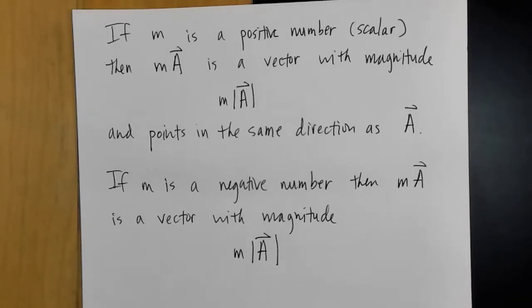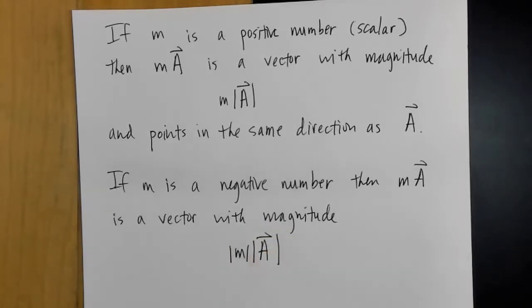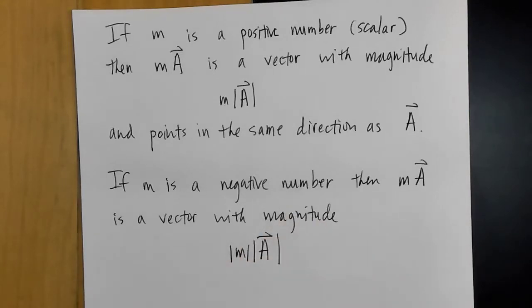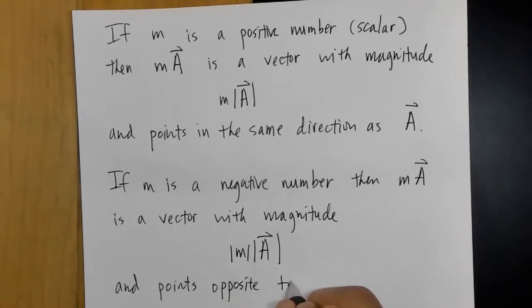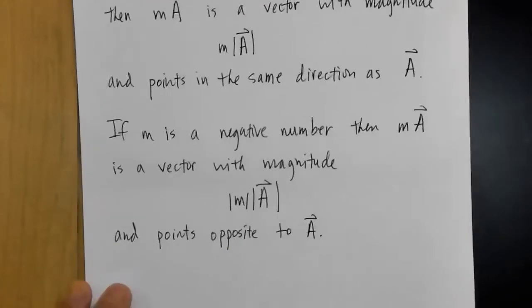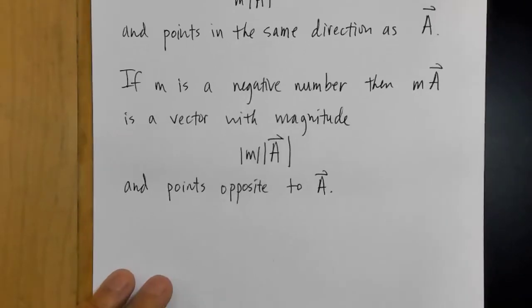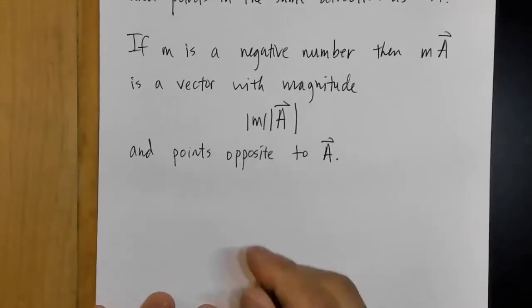So in order to, magnitudes are always going to be positive or 0. So I'm going to put an absolute value in front of this guy. Okay, an absolute value. And then this will be the magnitude of m times A. Okay. But because m is negative, it's going to reverse the direction. It's going to go in the opposite direction and points opposite to A.